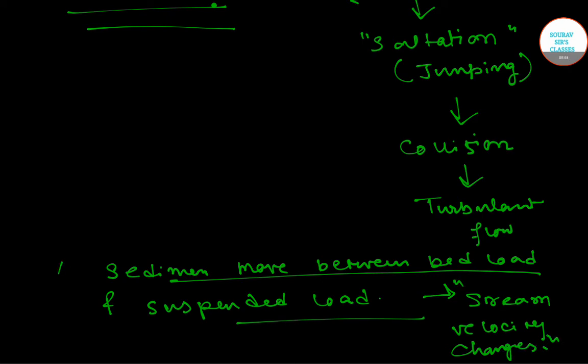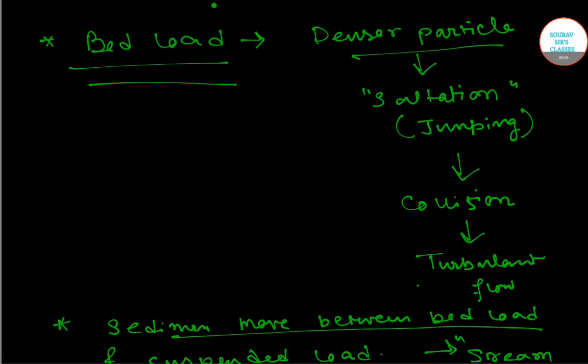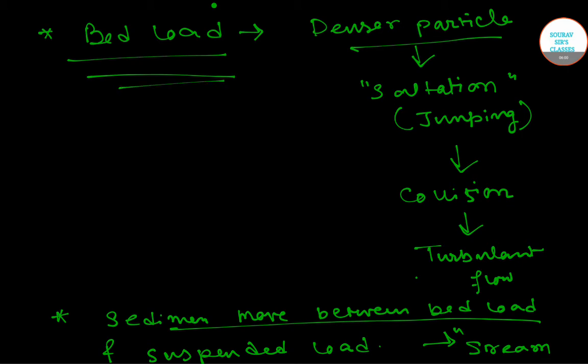Let me repeat it once again. The bed load is the denser particles that jump along with the stream when the stream is flowing, and the collision between those dense or coarser particles results in turbulent flow of the stream.